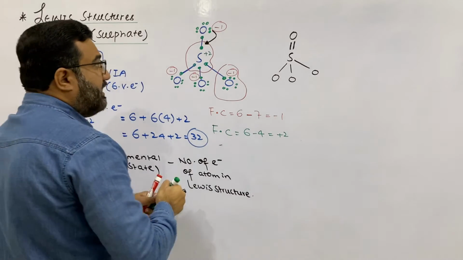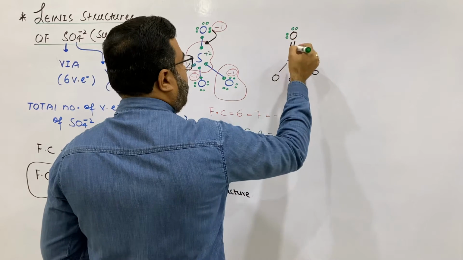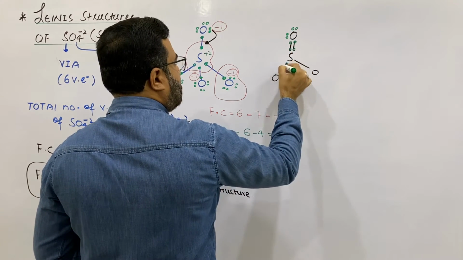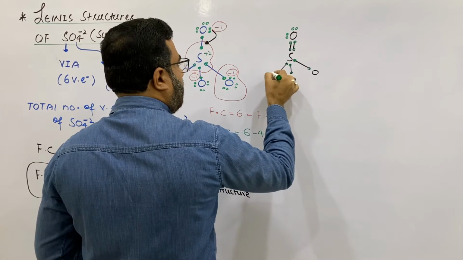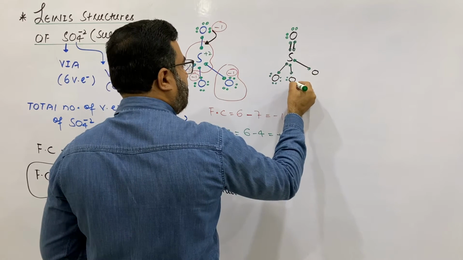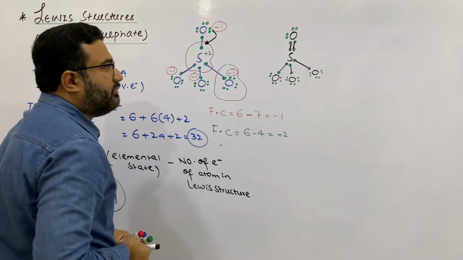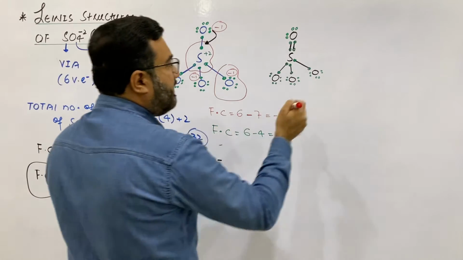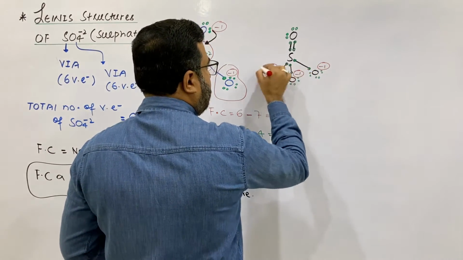Now this oxygen will have two lone pairs of electrons and two bond pairs, while all the other oxygens are the same, with 2 electrons in the form of a bond pair and 6 electrons in the form of lone pairs. Now all these oxygens have not used any of their electrons, so their formal charge will remain the same, -1.